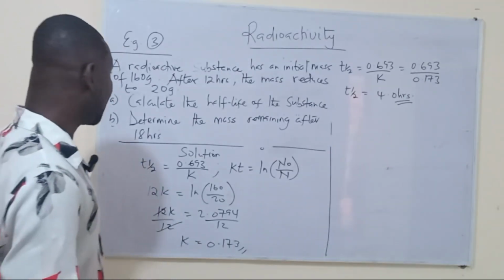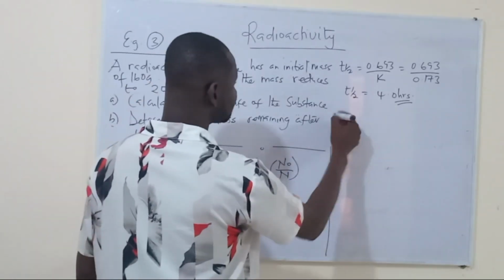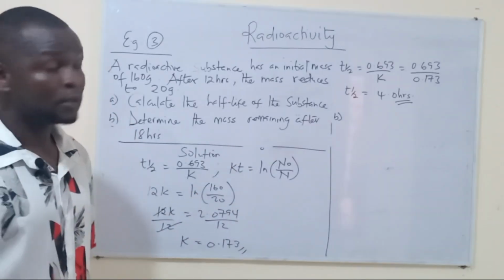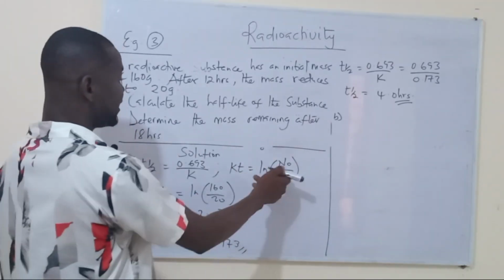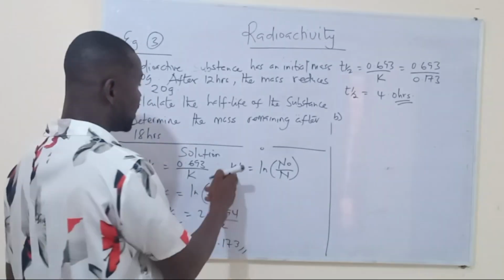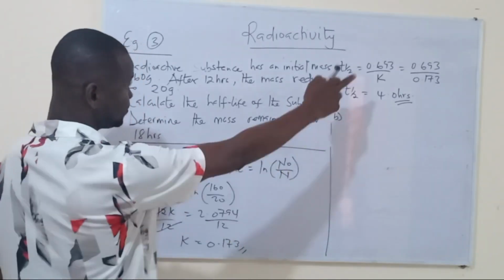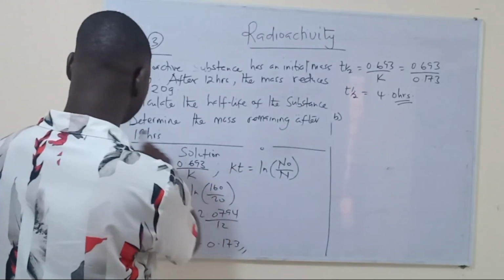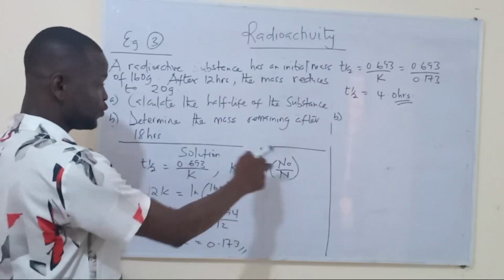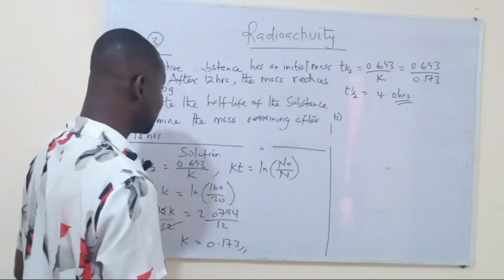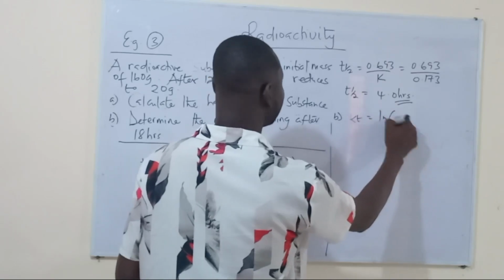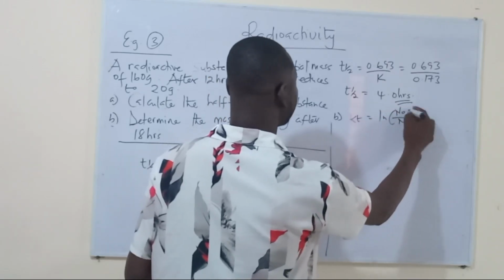Now let's look at the next question. Now we should determine the mass remaining after 18 hours. So we are looking for the final mass. Now I know K, I know T, which is 18 hours, and I know the initial amount, which is 160. So we just find N. I have KT equal to ln(N0/N).